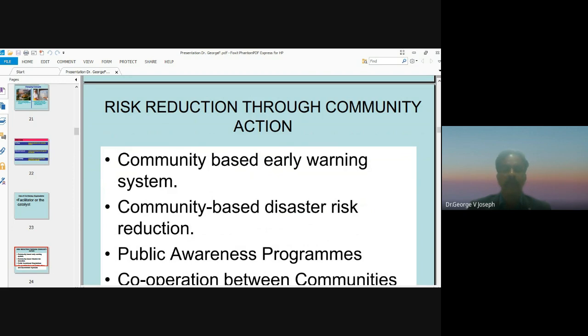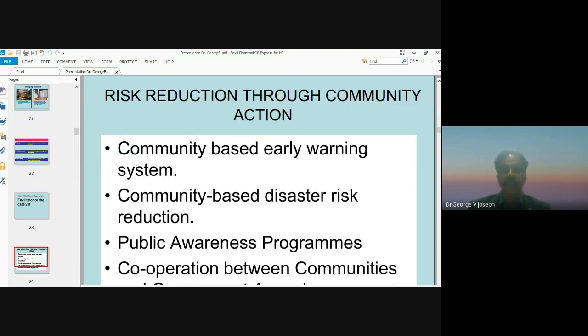So how can the community develop an early warning system based on their language, culture and system? This can be developed through community involvement.